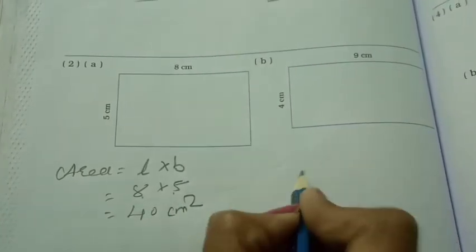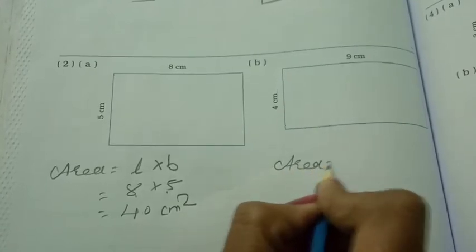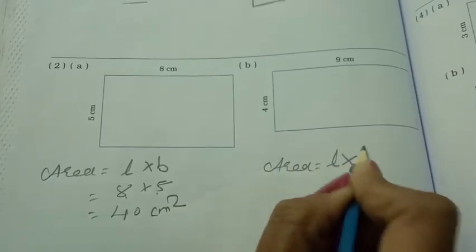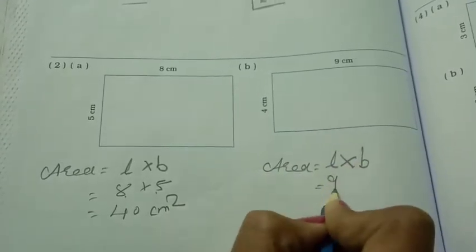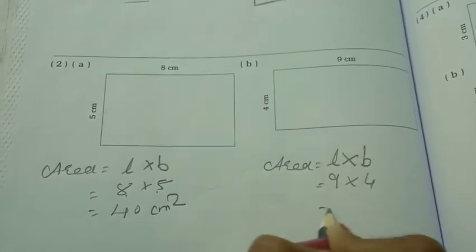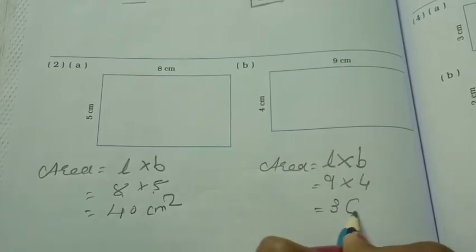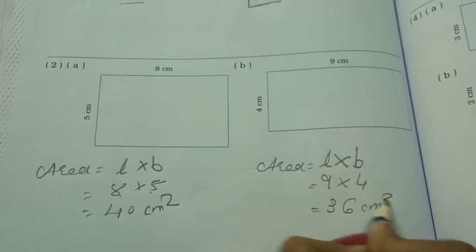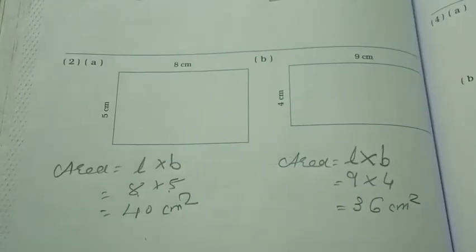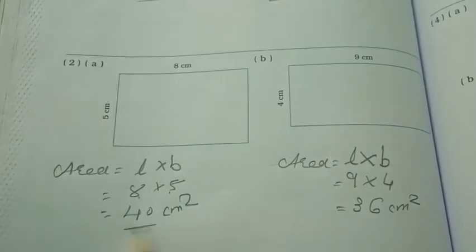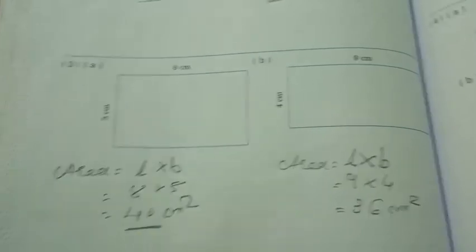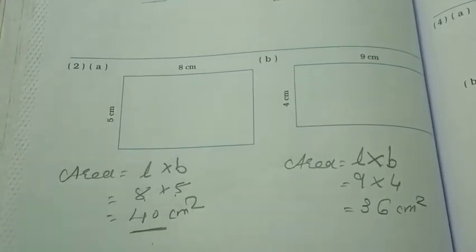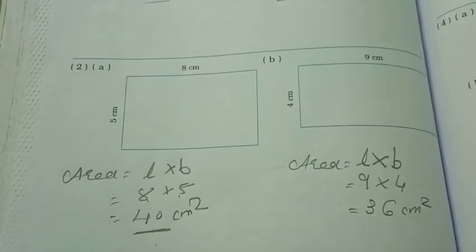Now let's find the area of this figure B. Length multiplied by breadth, 9 into 4. 9 4s are 36 square centimeter. Which one has more area? Obviously this A has more area than the B.